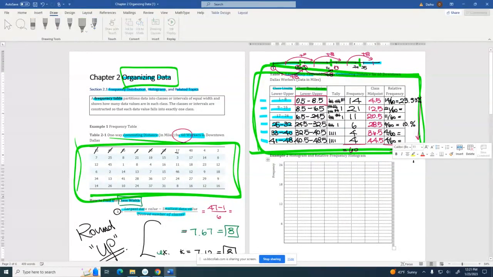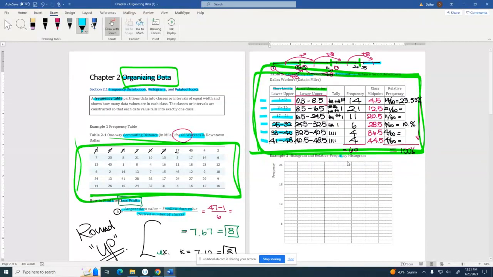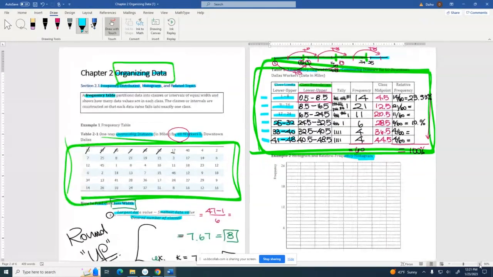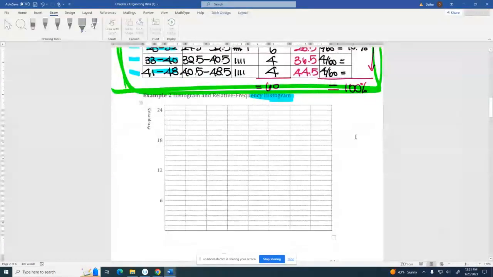Okay, the next one is a histogram. Have you ever heard of the histogram? I think so, because the histogram is one of the most common pictures in statistics, right? So let me make it bigger. Histogram.